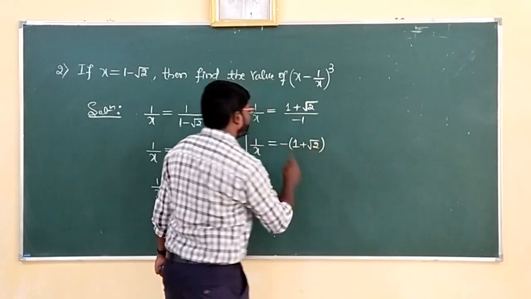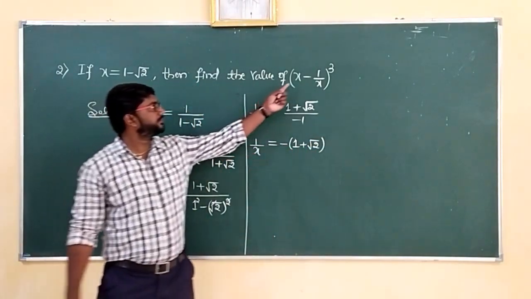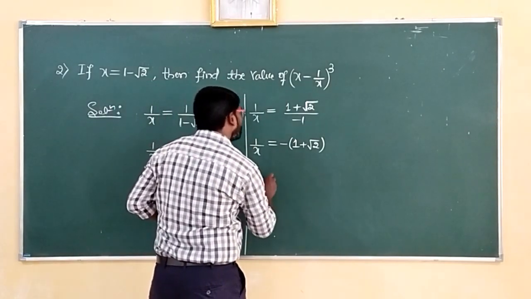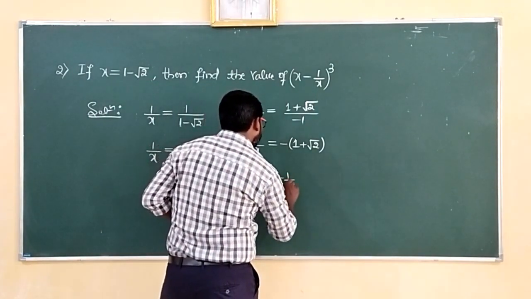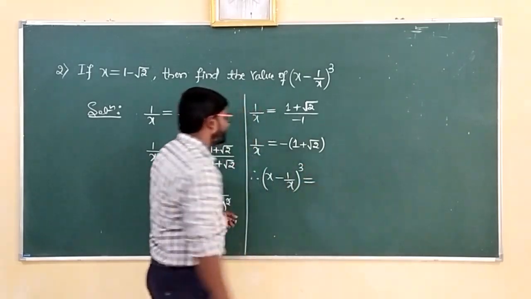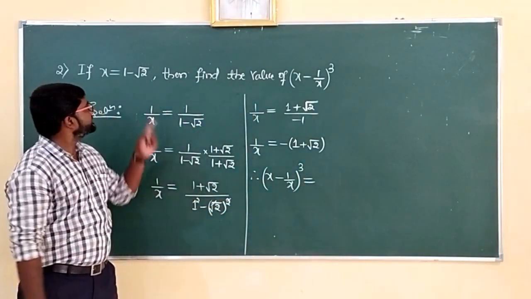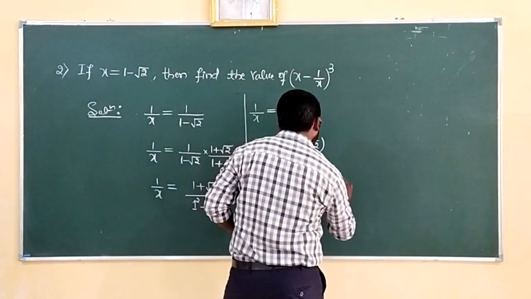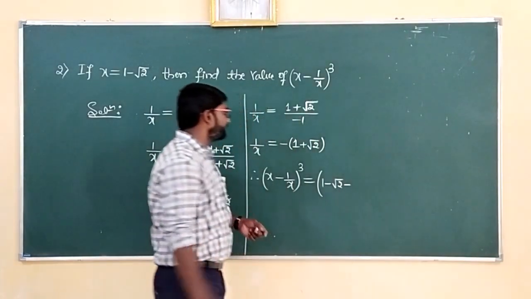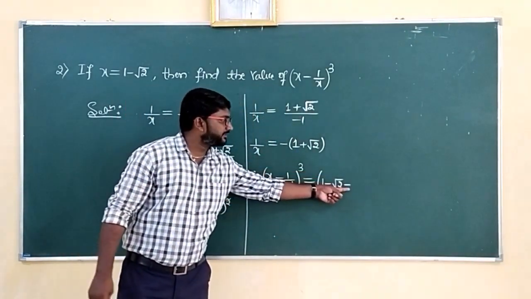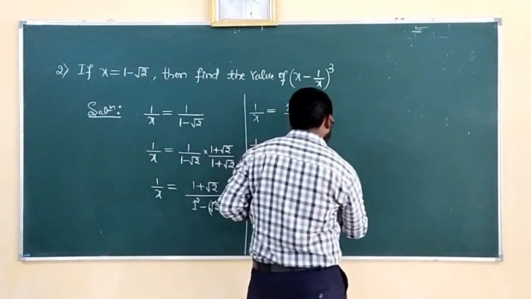Now I go for the given condition. Therefore x minus 1 by x whole to the power 3 equals, let us substitute the value of x here. It is 1 minus root 2, then minus of 1 by x. So minus into this minus will be plus.